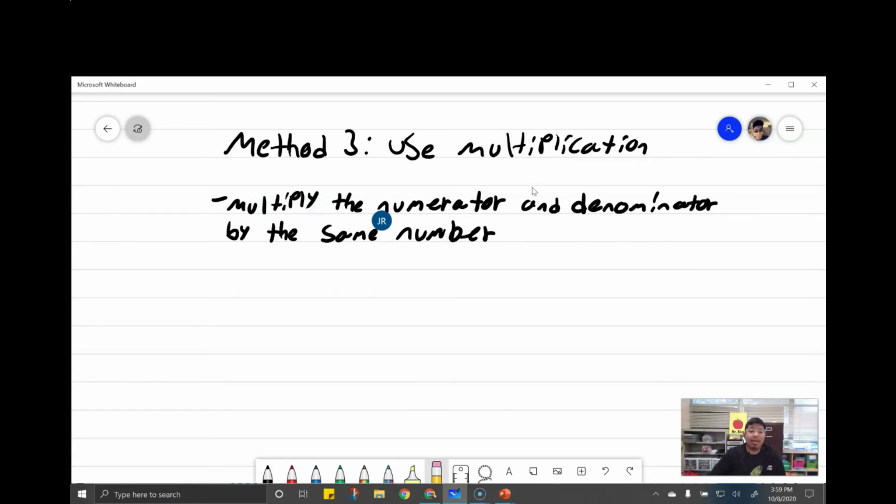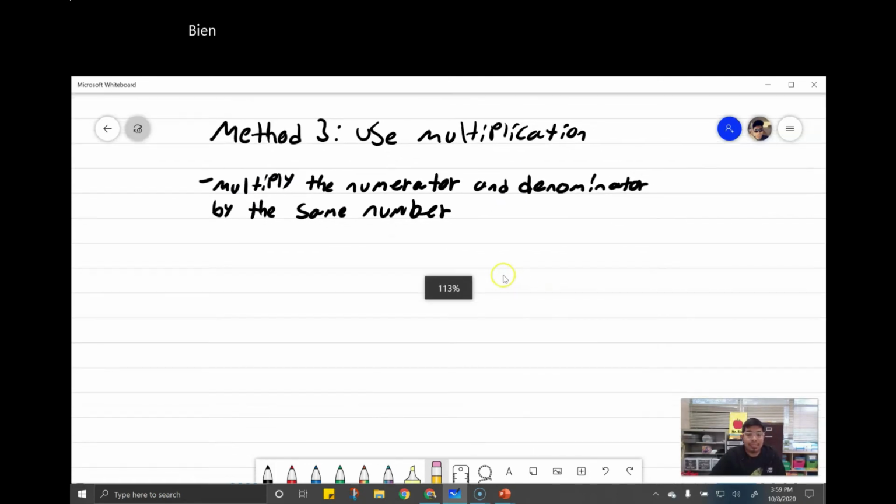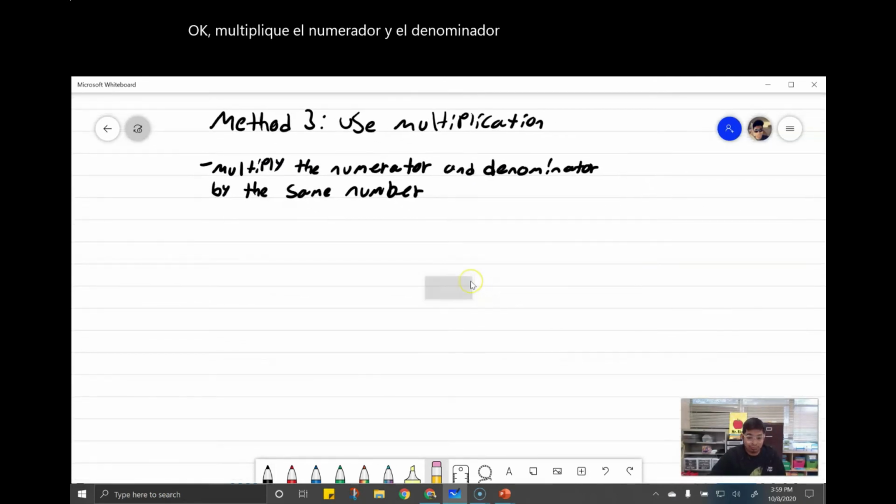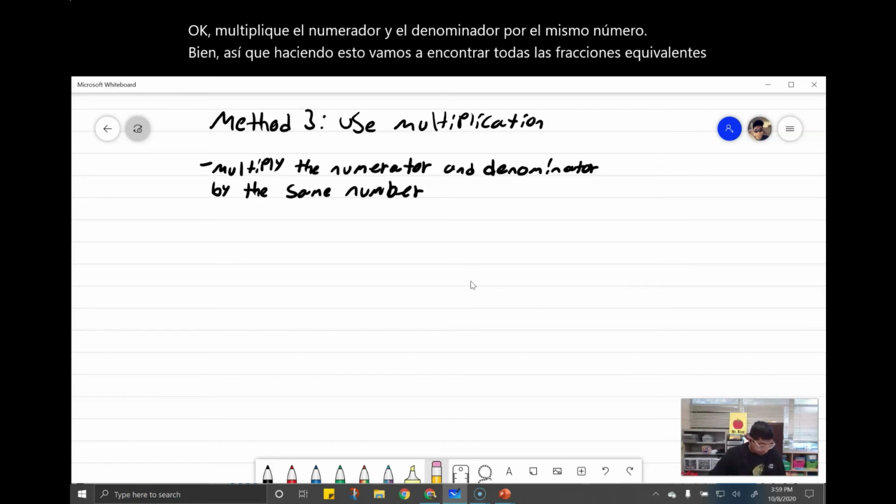Okay, multiply the numerator and the denominator by the same number. So by doing this, we're gonna find all of the equivalent fractions for just one fraction, okay?